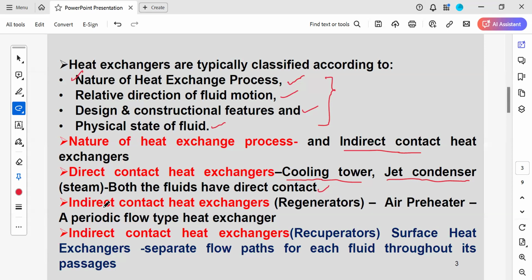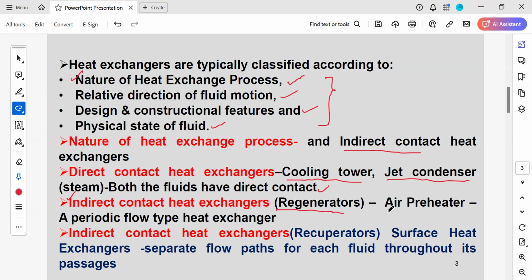Next one is the indirect contact heat exchanger. Here in indirect contact heat exchangers, the hot fluid and cold fluid are separated, and heat is transferred indirectly. The best example is the regenerator. In a regenerator, periodic flow type heat exchange happens.